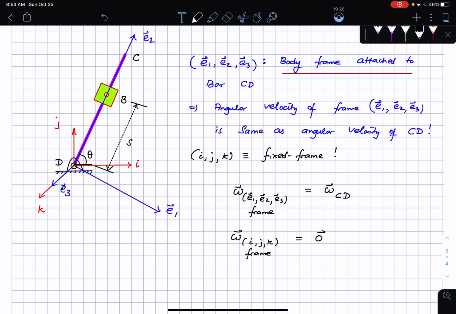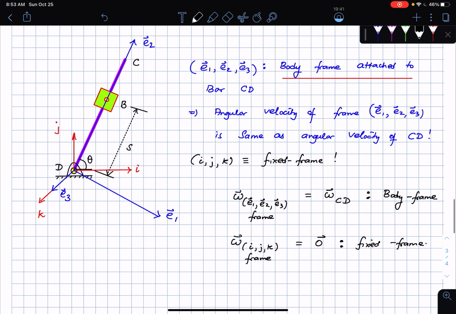This is a body frame, and this is a fixed frame, and they're still triads.